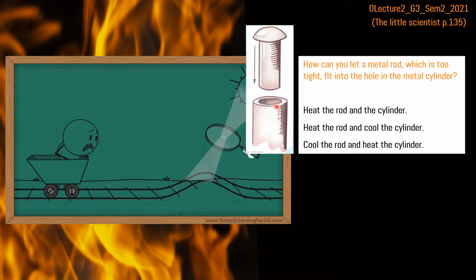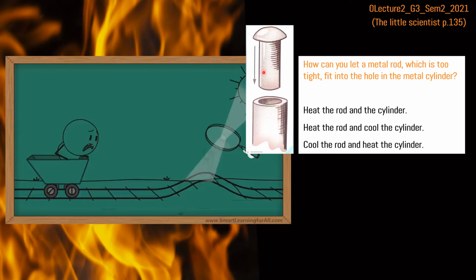So, what do we need to do to help the rod go inside the cylinder? The rod must be smaller and this should be bigger. To make things bigger, to help them expand, we heat them. So we should heat the cylinder and not cool it.